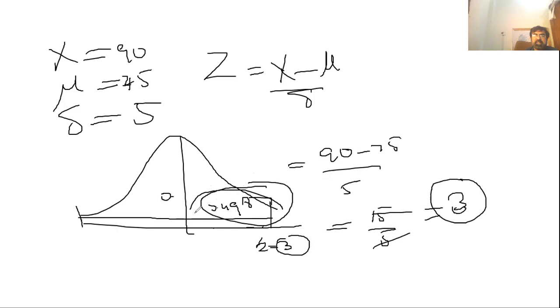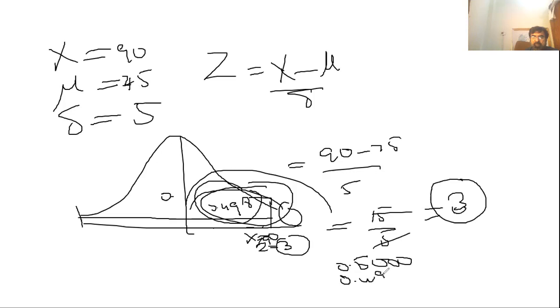So what is the percentage of those students who will get above 90 marks? Now the total area from here to here is 0.5. For obtaining this area, you have to subtract 0.4987 from 0.5, and that will become 0.0013.